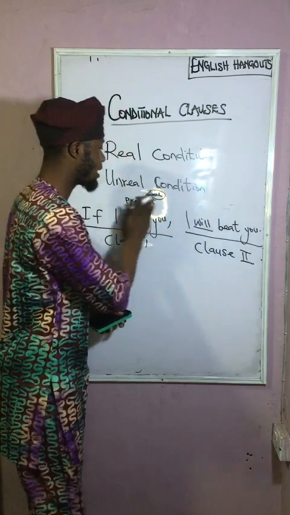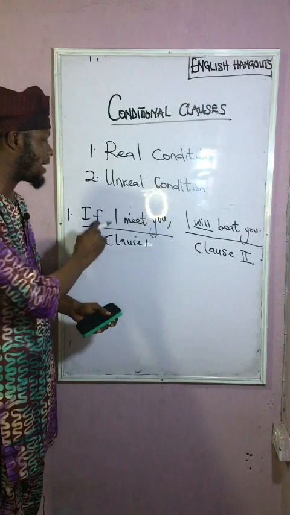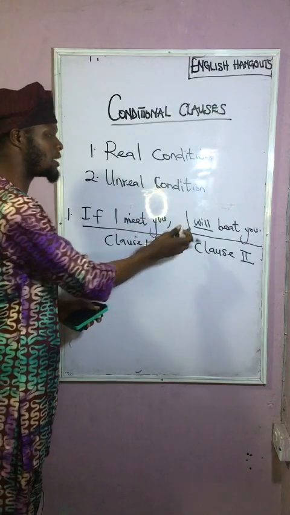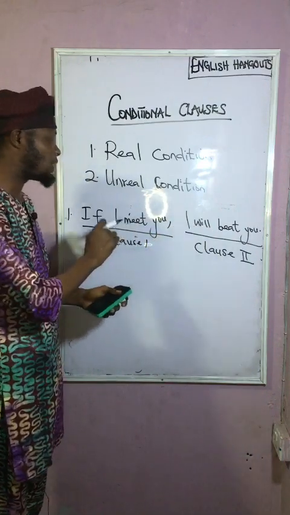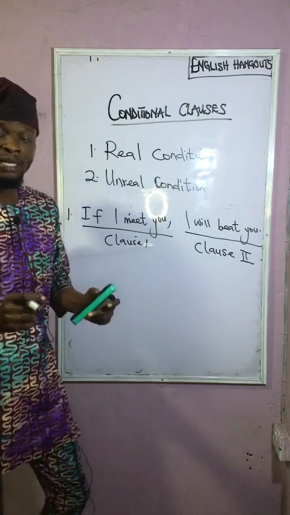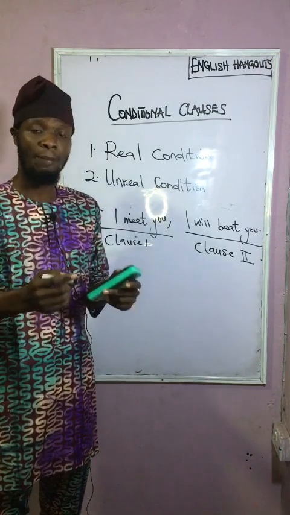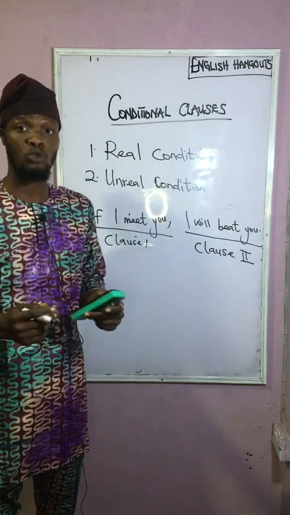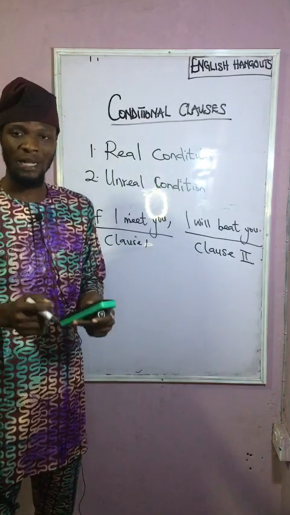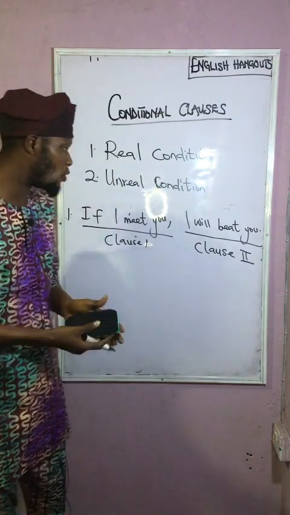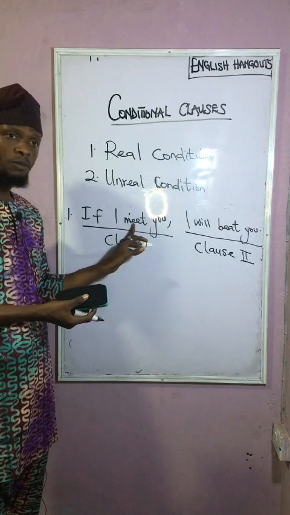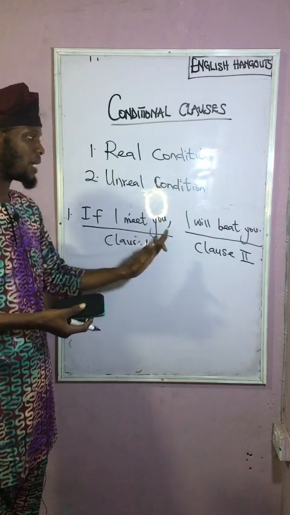This shows that this expression is possible: if the subject of the sentence meets a particular person, that subject should be able to beat or defeat that person. Therefore, the verbs in the two clauses are in the present tense.